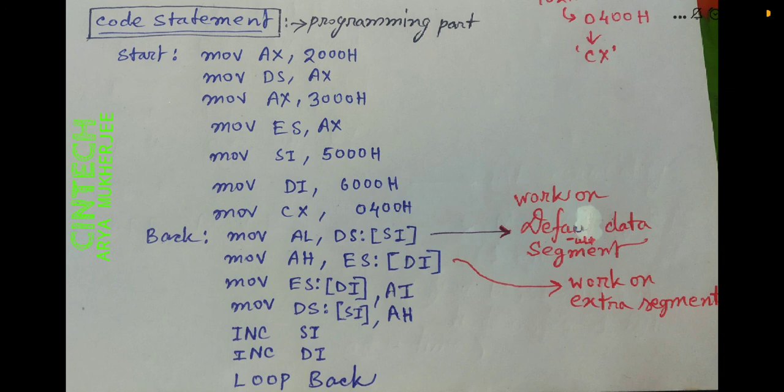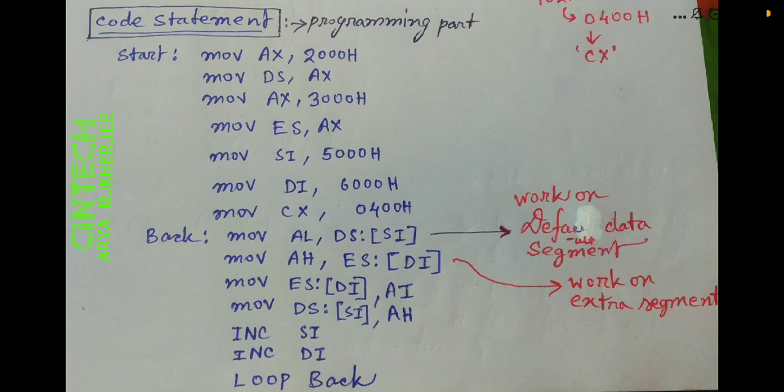Come to know here. MOV AL, [DS:SI], which works on the default data segment. MOV AH, [ES:DI], which works on the extra segment. So MOV [ES:DI], AL, MOV [DS:SI], AH, by which we exchange the content of AL and AH between the data segment and extra segment.